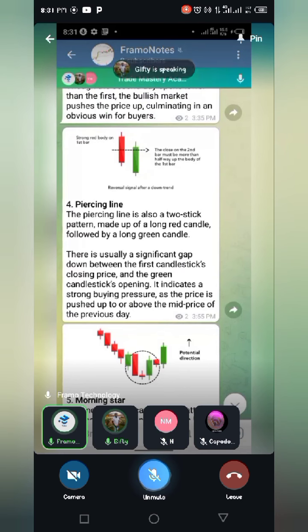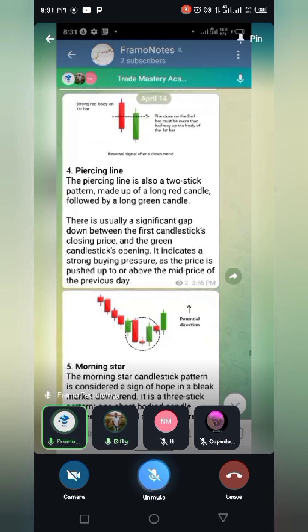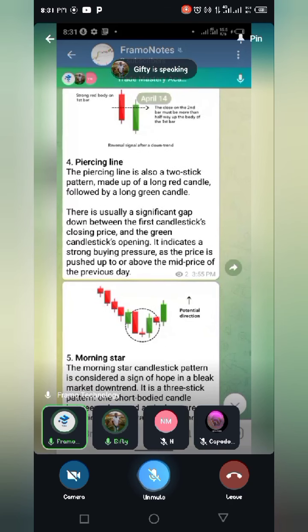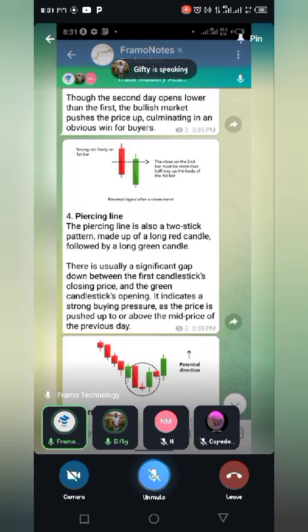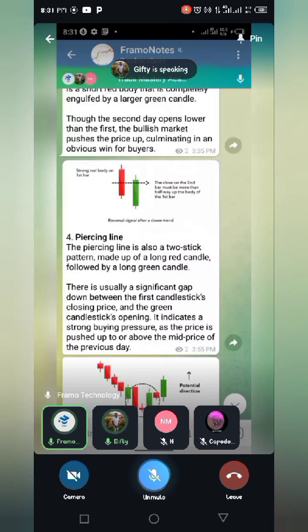Now, with the piercing line, one thing I have to say is that there will be a gap after the red candle. Gaps are also indicators that we use to determine the movement of an asset. You remember when we were talking about CME gaps, we said Bitcoin has formed a CME gap and we have to look for it to be filled.